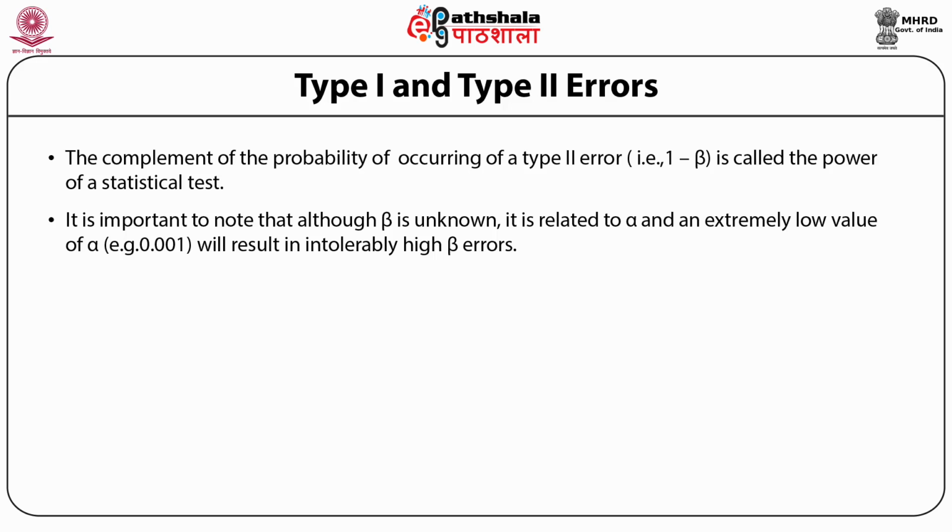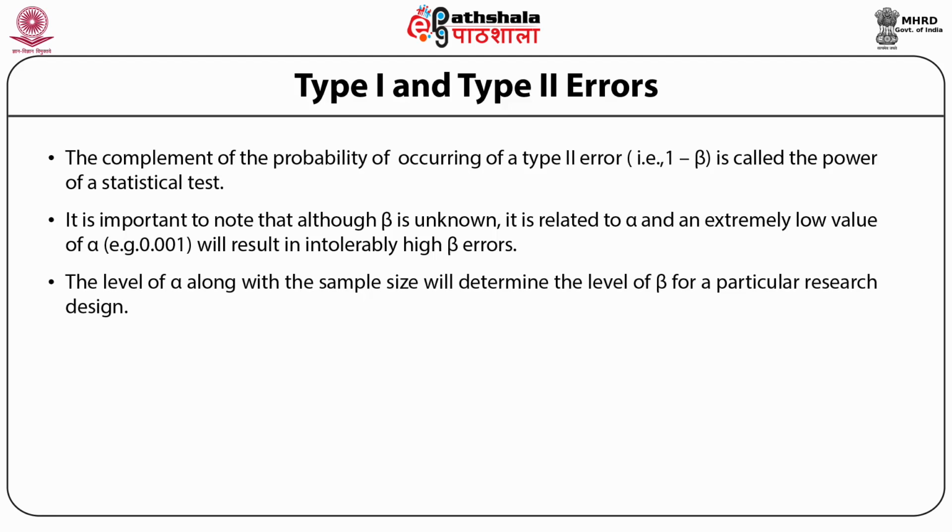As a normal trend, alpha is often set at the 0.05 level and sometimes at 0.01. Other values of alpha are rare. The level of alpha along with the sample size will determine the level of beta for a particular research design.